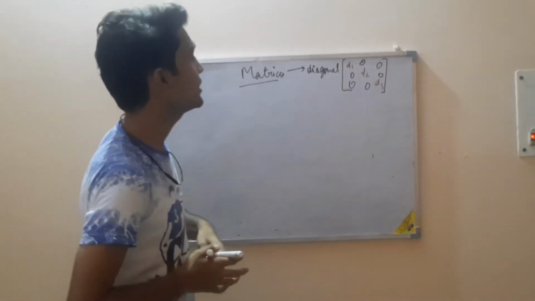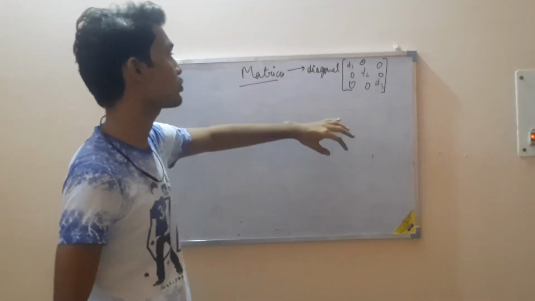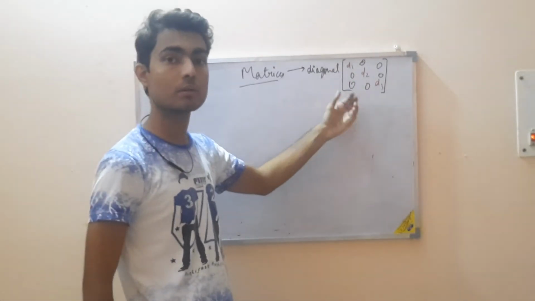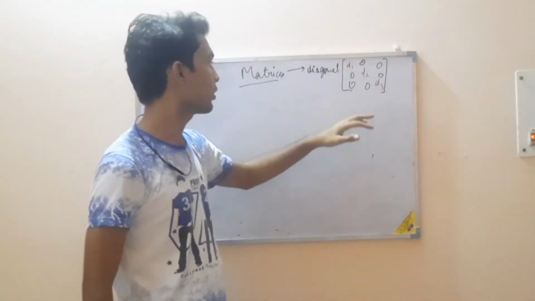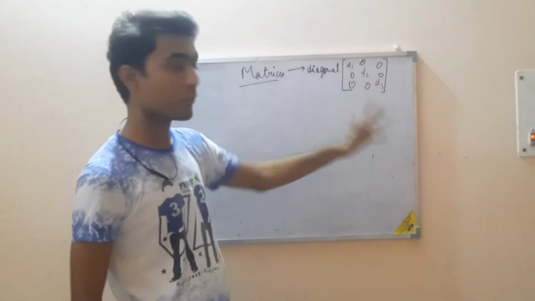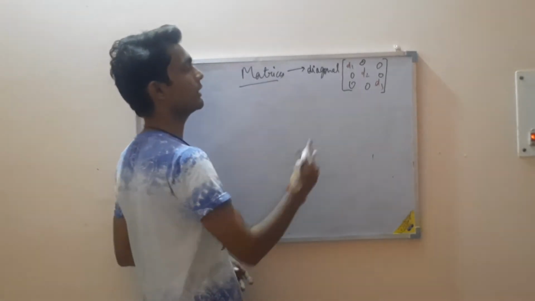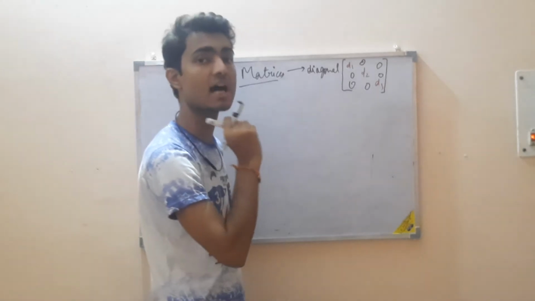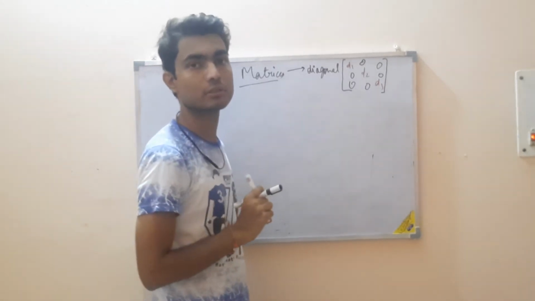So as we can see, a diagonal matrix is a matrix in which entries other than diagonal elements are 0. Or we can rephrase this: all elements of a diagonal matrix are 0 except diagonal entries.